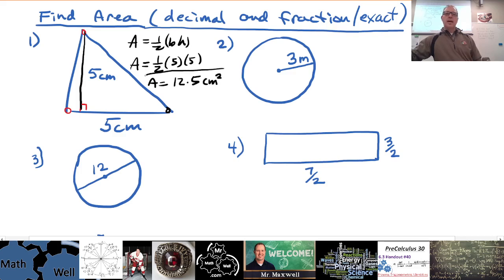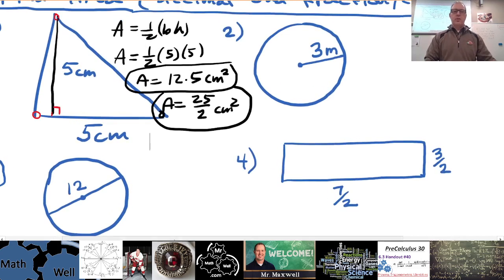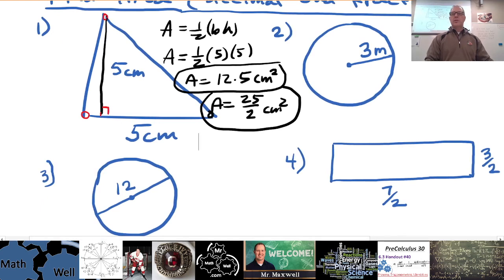Squared. Very good. That's the decimal form. The fraction or exact form would be area equals 25 over 2 centimeters squared. So those are your two answers there for number 1, the two types of forms for that answer. Any questions there?